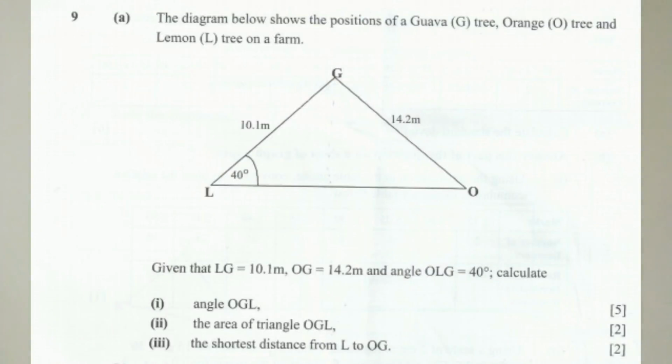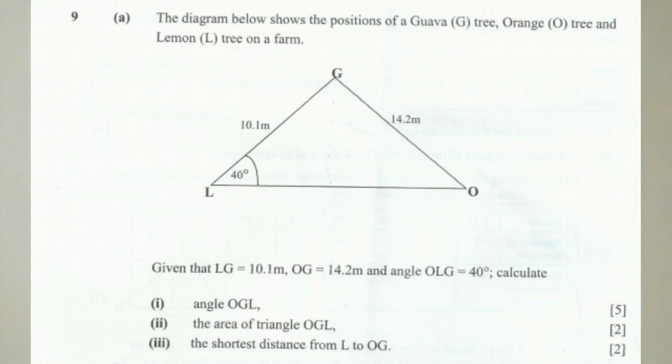Question 9a reads, the diagram below shows the position of a guava G, orange O tree, and lemon tree on a farm. So if you can see nicely over here, this is G for guava, O for orange, L for lemon.